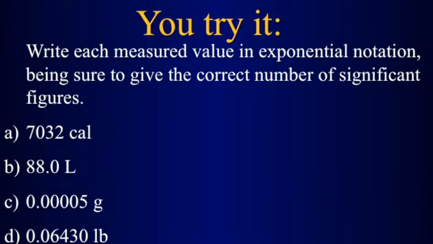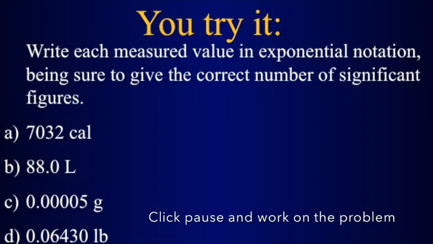Try another problem. In this problem, I want you to write each of these measured values below in exponential or scientific notation. Be sure to give the correct number of significant figures. So if you start with 4 significant figures in standard notation, you should still have 4 significant figures when you write the number in scientific notation.